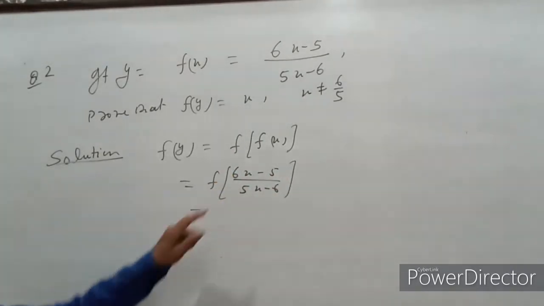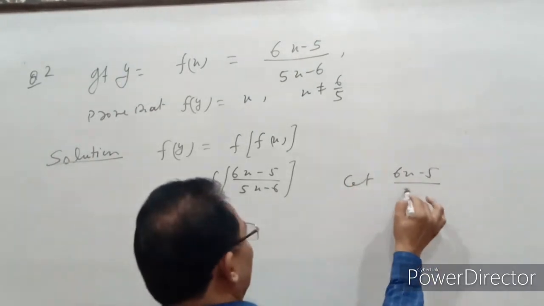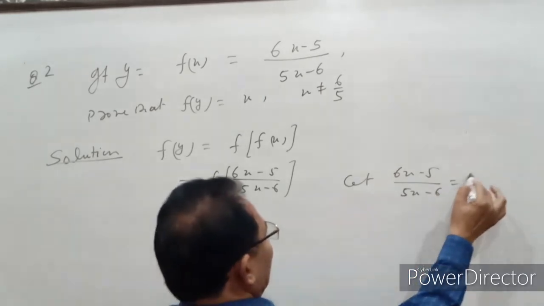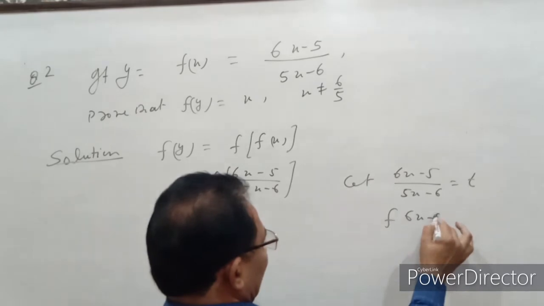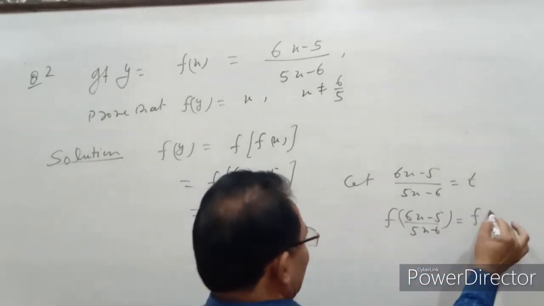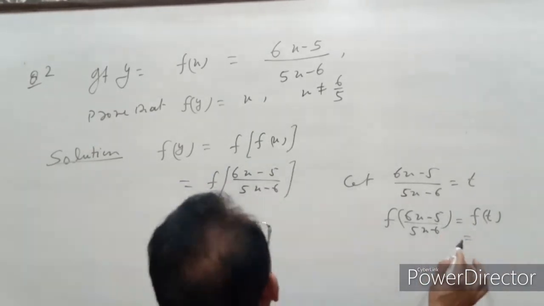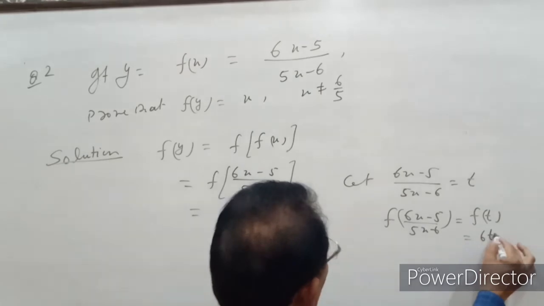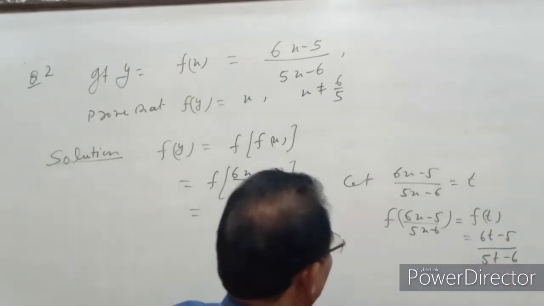If we assume (6x minus 5) upon (5x minus 6) is equal to t, then f of (6x minus 5) upon (5x minus 6) is equal to f(t), which is equal to (6t minus 5) upon (5t minus 6).